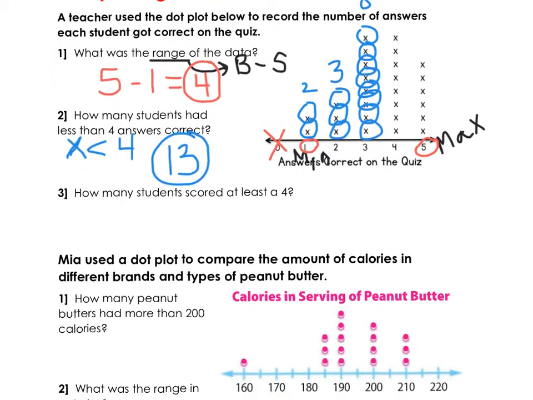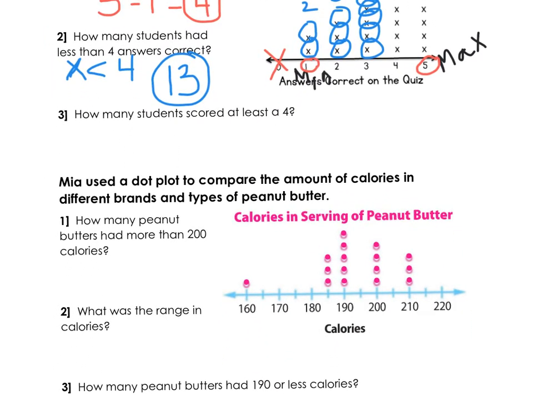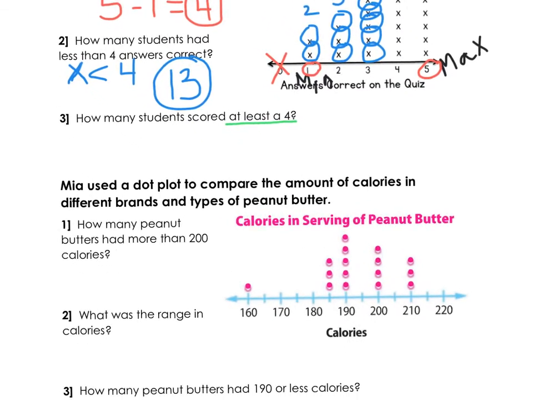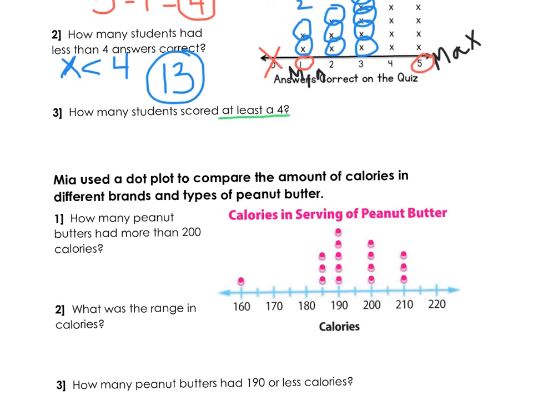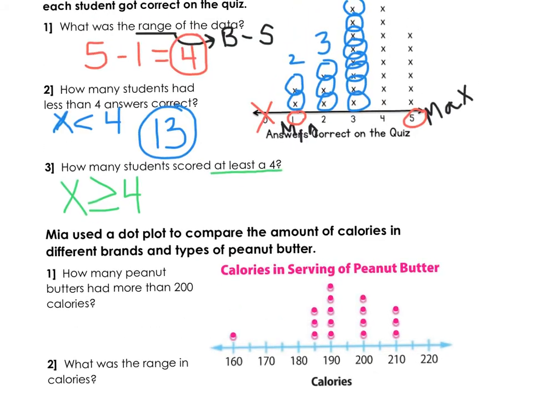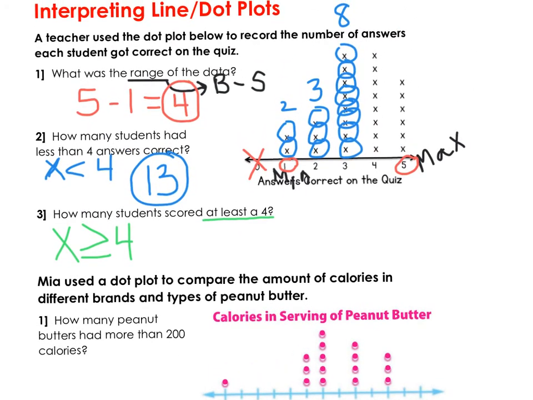All right, number 3. Here it says how many students scored at least 4. So I'm going to go back to my inequality and write x is greater than or equal to 4. So I want all the x's that are above the 4 or above the 5. I'm going to count those.